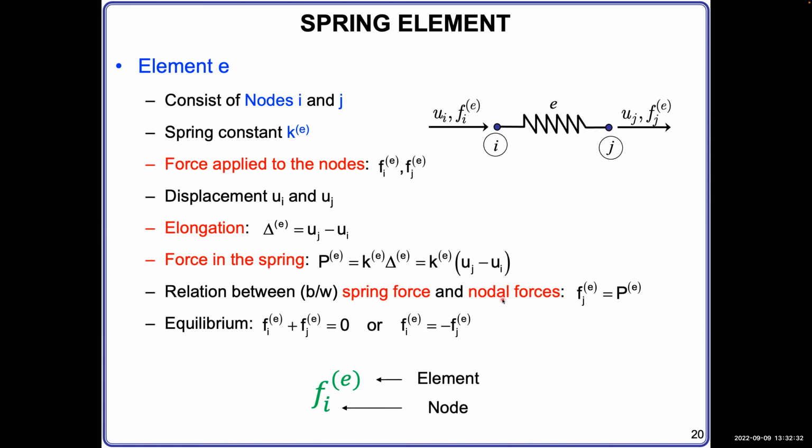So this means when this spring is under Fj force on node J, it is also under another reaction force on node I, which has the same magnitude but in the opposite direction. These two forces applied to this element result in internal deformation of the spring and internal generated force based on Hooke's law.